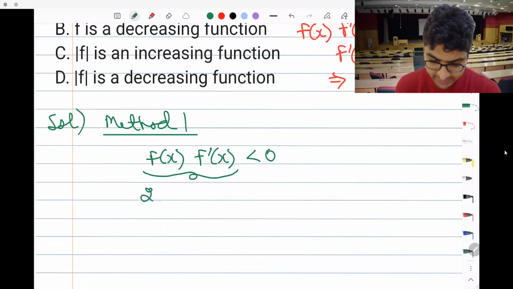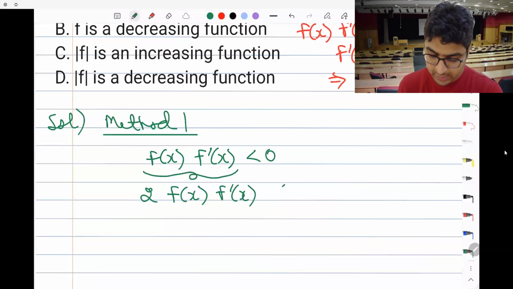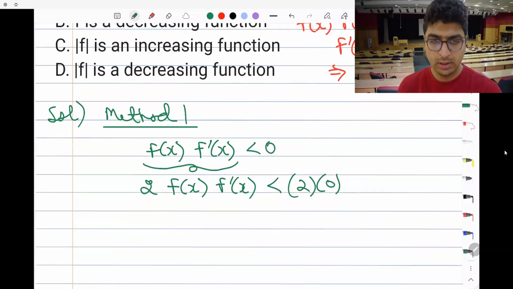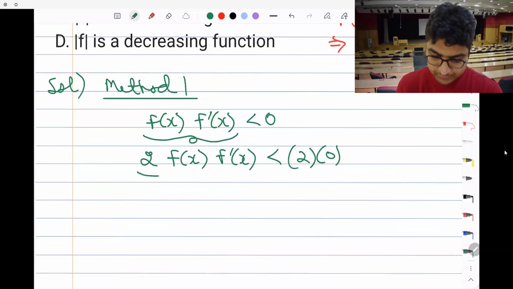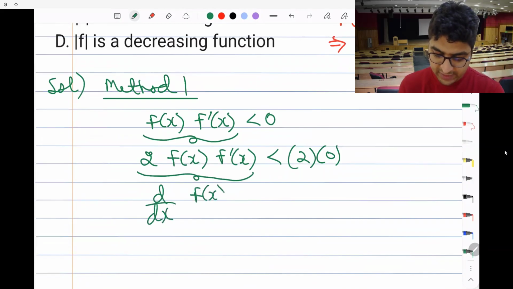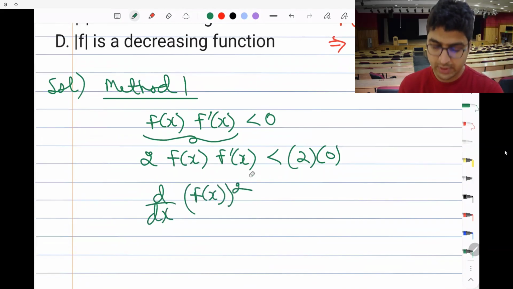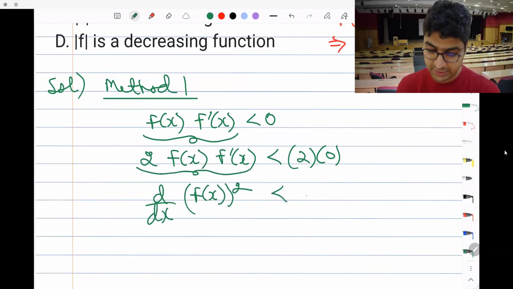So if I multiply by 2 both sides, there will be no impact on the inequality. Now notice that this is nothing but the derivative of f(x) square. Okay, this is the derivative of f(x) square, which is less than 0.